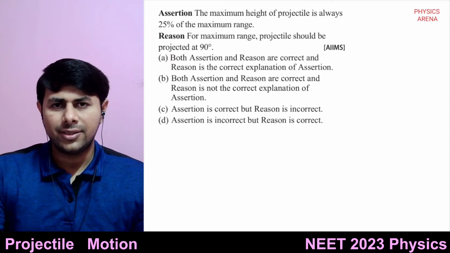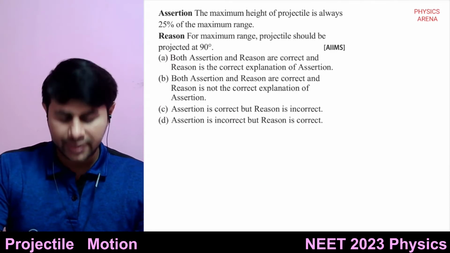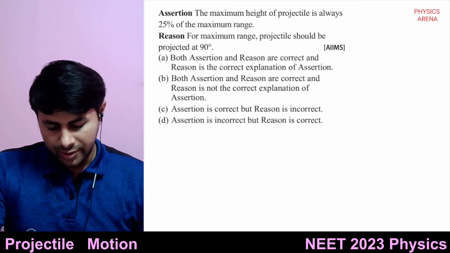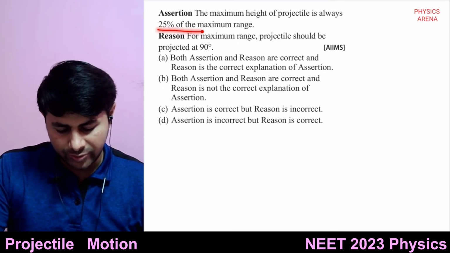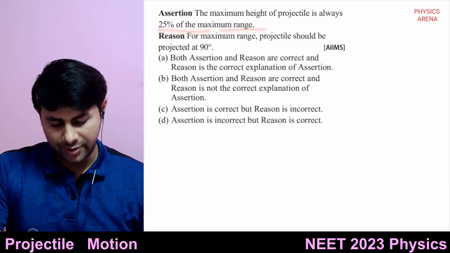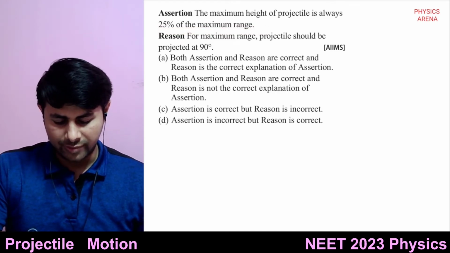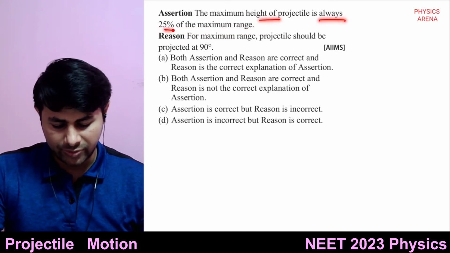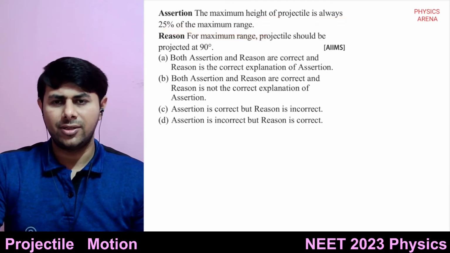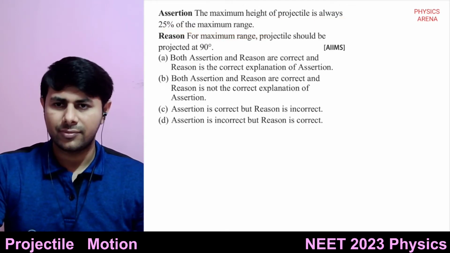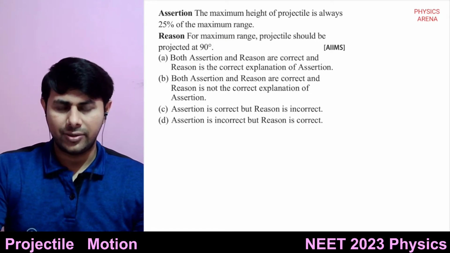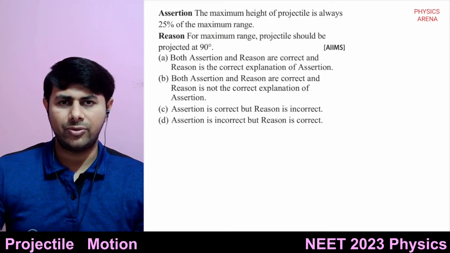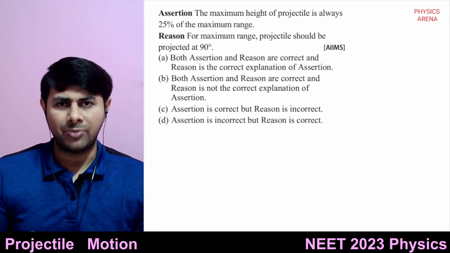Okay, this is an assertion and reasoning type of question. The maximum height of projectile is always 25% of maximum range. Is this true or false? True. We found that maximum height is equal to 1/4 of maximum range. 1/4 means 25%.